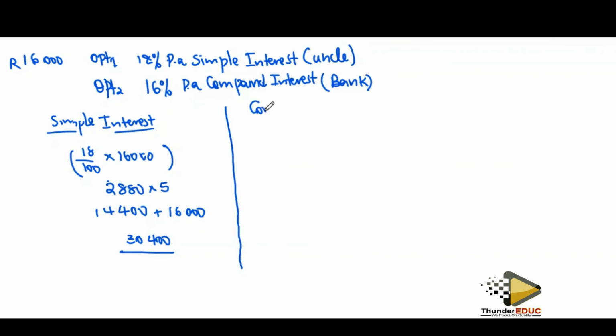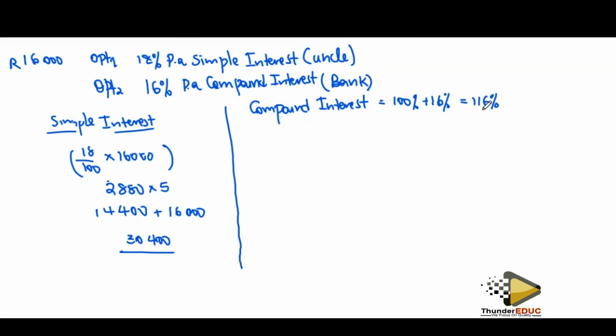Let's come to compound interest. Remember, it keeps accumulating. Interest is charged on interest. The interest you get in term 1 is charged in term 2. It earns interest as time goes on. Anyway, for 5 years, since it's 16%, we shall take 100% plus 16%, which equals 116%.